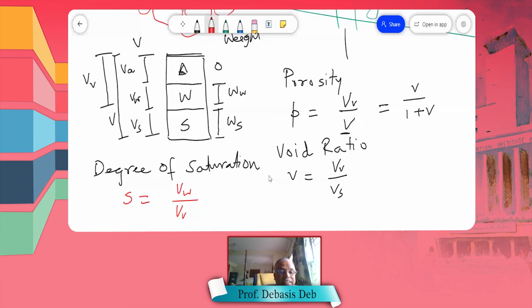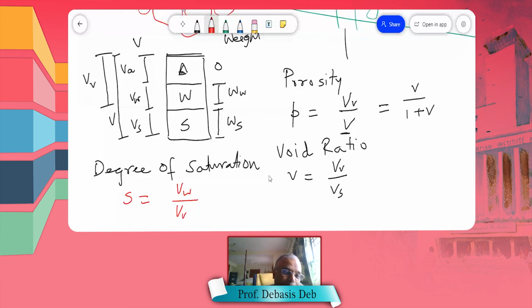So now if I say S is 1, or 100%, what does it mean? The entire void volume, that means the pore spaces, are filled with water. Now if there is 2 days of rain continuously, let's say, what happens in Mumbai or in Bihar or in Assam, after maybe a few hours of heavy rain, all the void spaces are filled.